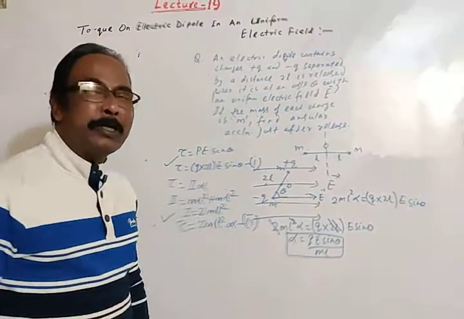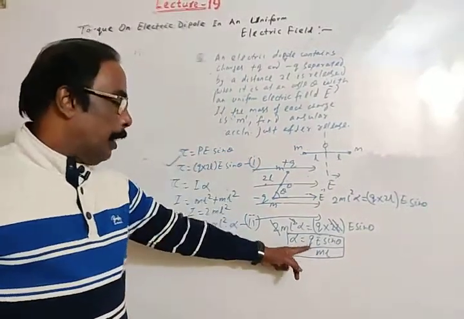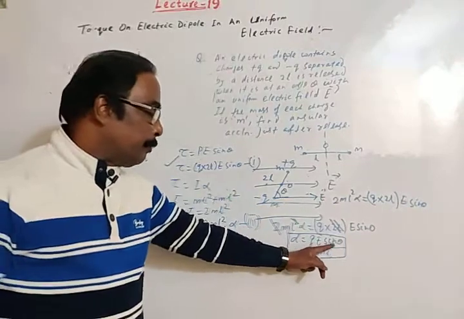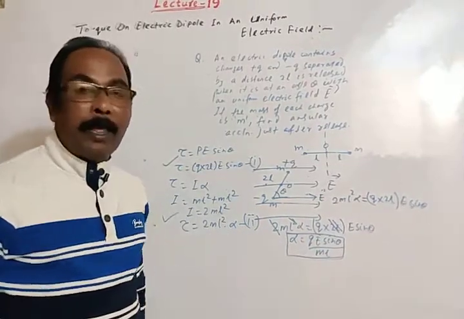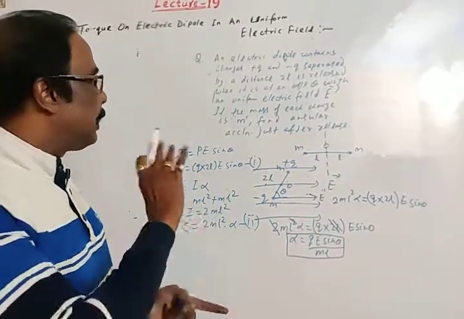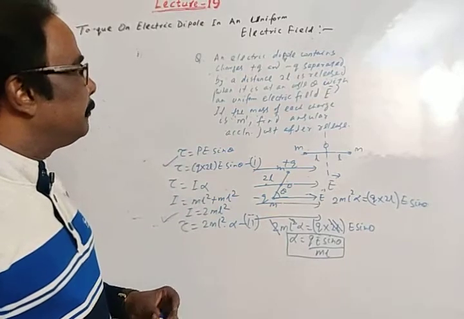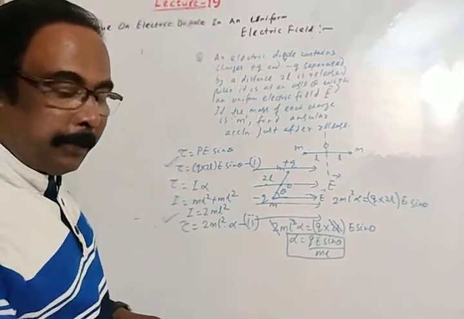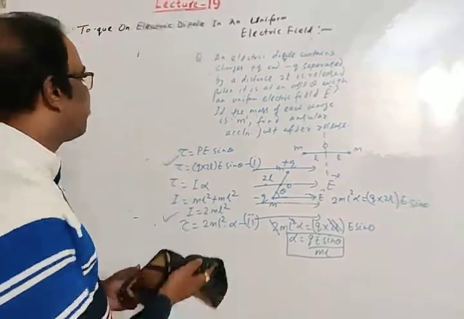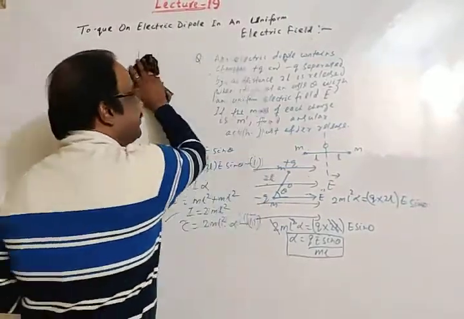I have not used any numerical data, only variables. If the values of q, E, theta, mass and length are given, then you can calculate the angular acceleration just after release. This is a very good question and useful application for your competitive exams. Next question.